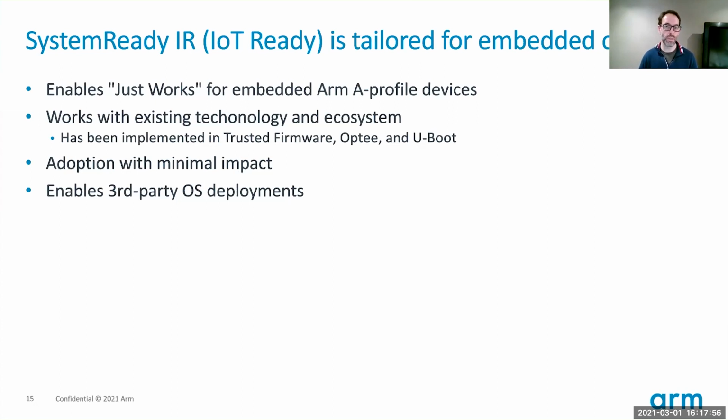Now, the experience on this one is not going to look exactly the same as what you see with SR and ES, where a release from 2 years ago is expected to work on the platform, because we know that these are bespoke devices. So for just works in embedded compute, we're starting with the underlying assumptions of, one, the firmware interfaces, we can very definitely standardize those, and those need to be standardized.